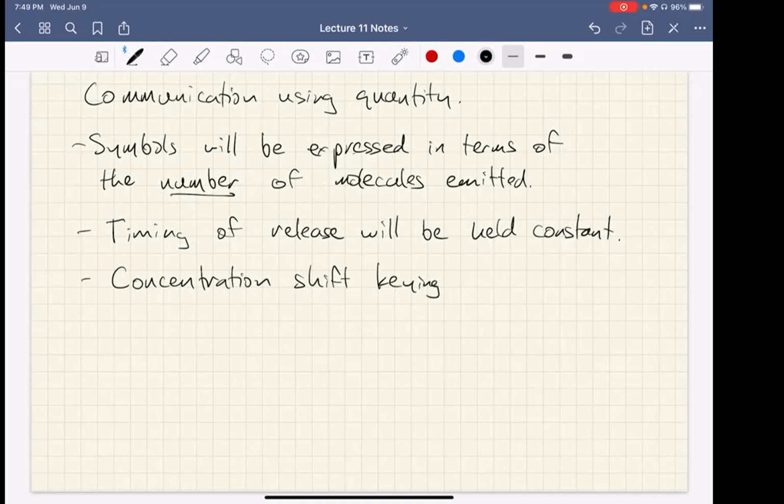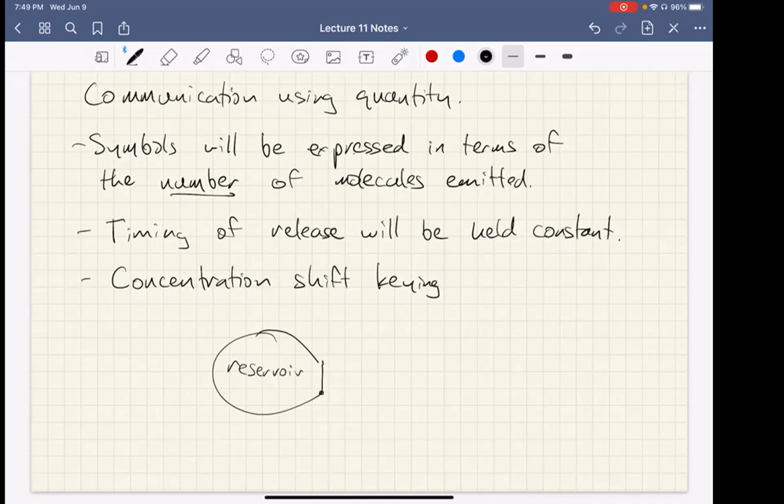It is relatively easy to accomplish if you don't have control over the individual release times of individual molecules. One way to think about concentration shift keying would be you have your reservoir, and you have, for example, a door in the reservoir.